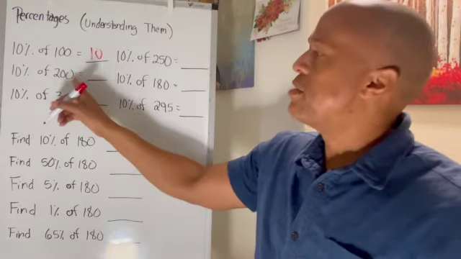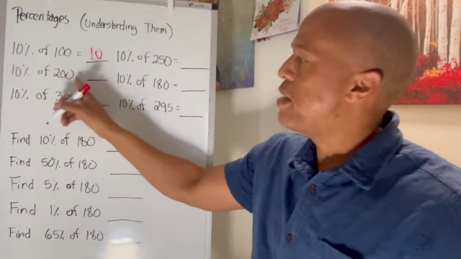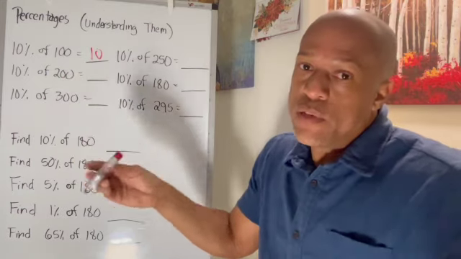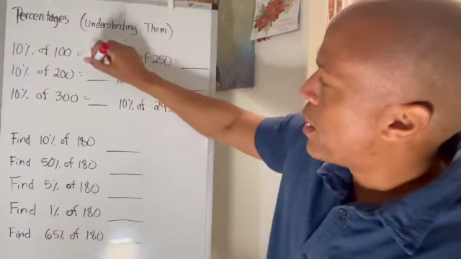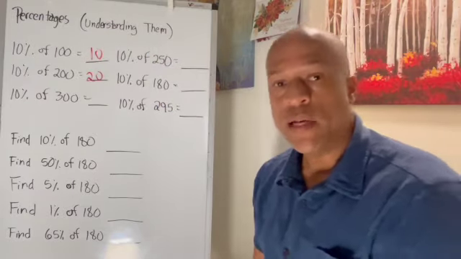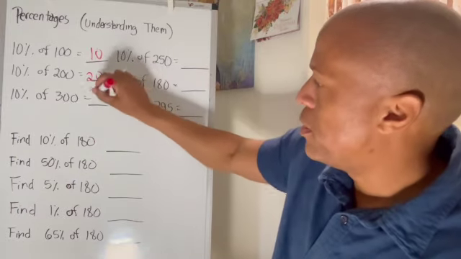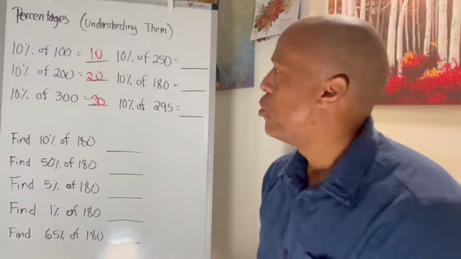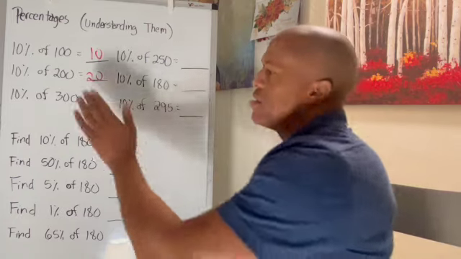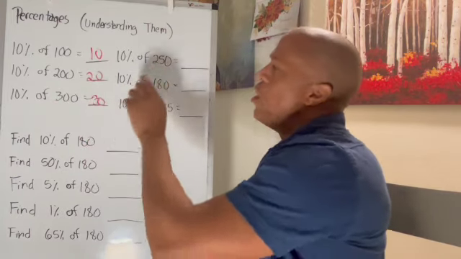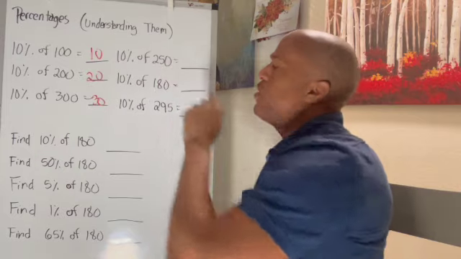So if I do that same operation here and just move that decimal over, what would I have? What's 10% of 200? Well, that would be 20. Makes sense, right? What's 10% of 300? Okay, that would be 30. All right. No big deal. If that's the case, the 10% of 300 is 30. What's 10% of 250?